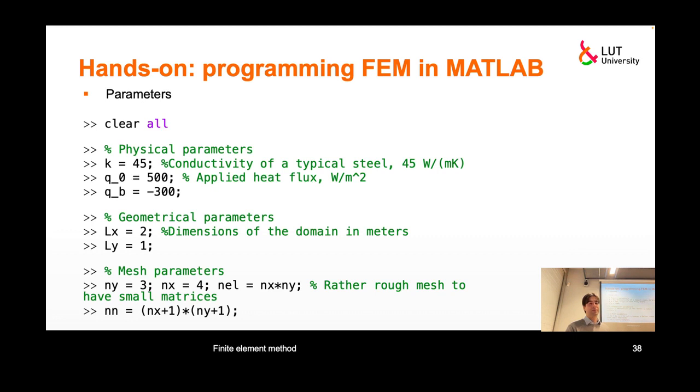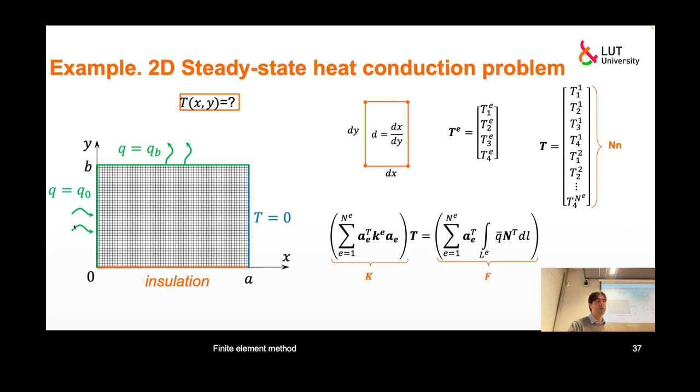Then heat flux. Here you might not have some intuition about typical values. I put 500 as incoming heat flux and 300 as outgoing heat flux. This is my statement of the problem. Here the heat flux comes in.